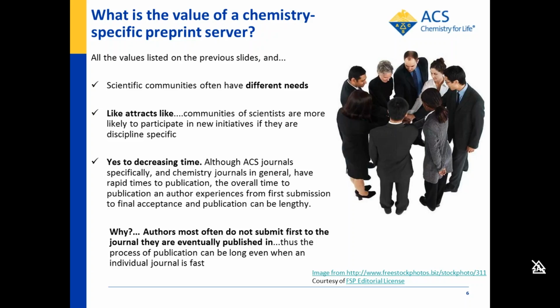However, preprints still bring time-saving value to chemists in this environment because authors don't always, and arguably in most cases they don't, submit first to the journal that they eventually publish in. So even though one specific journal is really fast, and ACS feels that our journals are very fast, the overall process and timeline for any one author can still be very frustrating and lengthy.